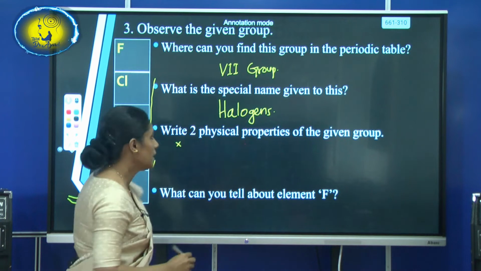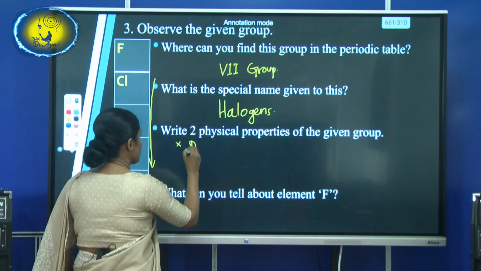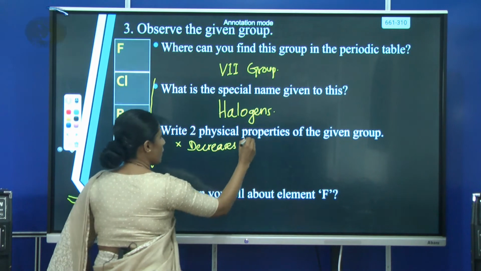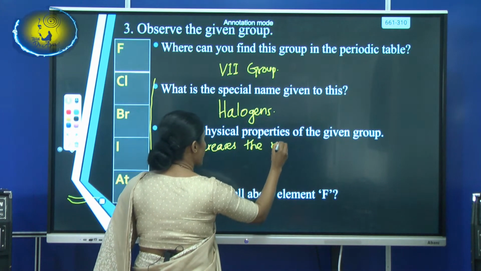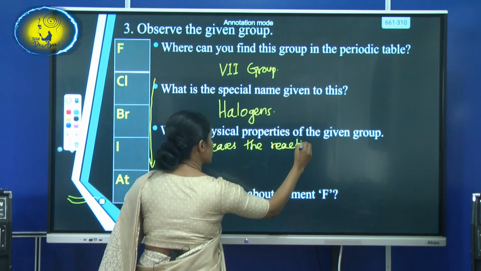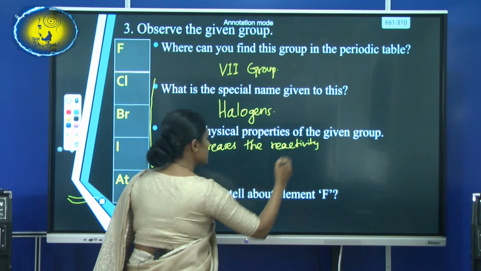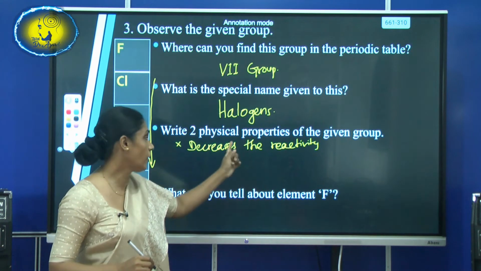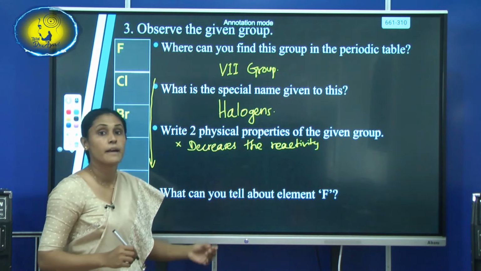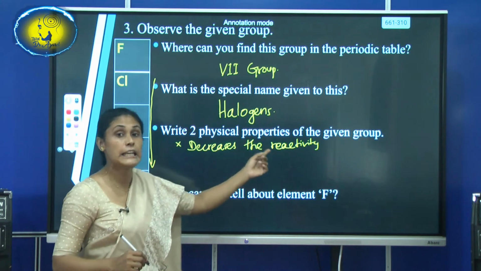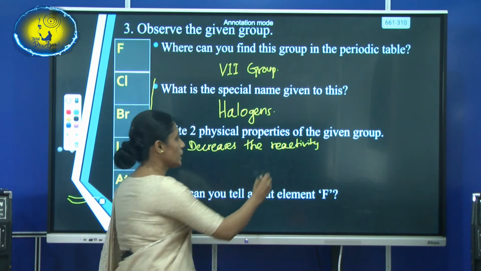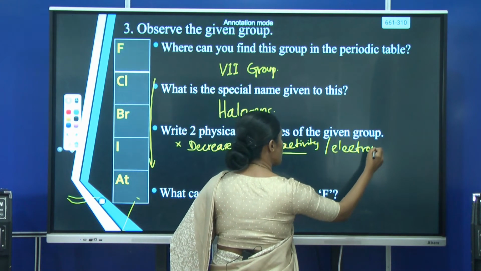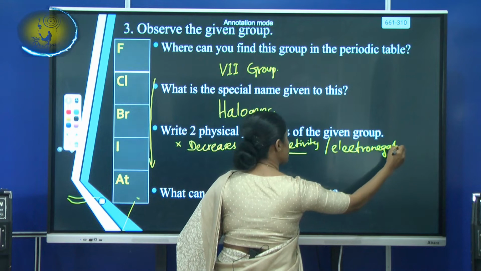Decreases the reactivity. Or else instead of writing reactivity, you can write decrease the, or decreasing the what? Electronegativity. Instead of this word, you can write electronegativity, no problem at all.